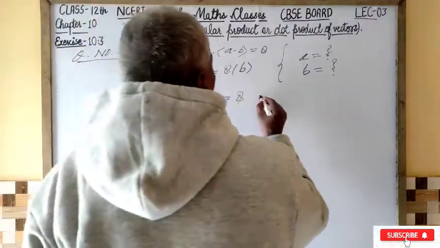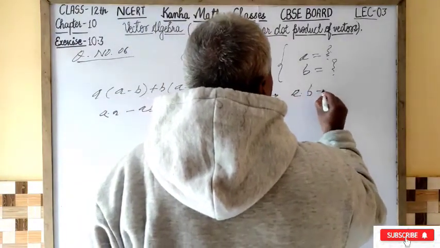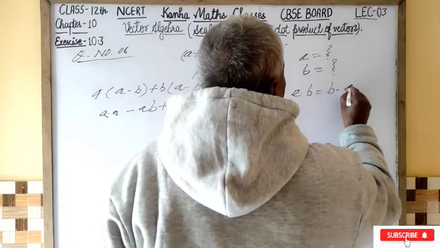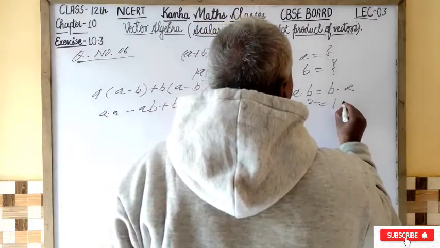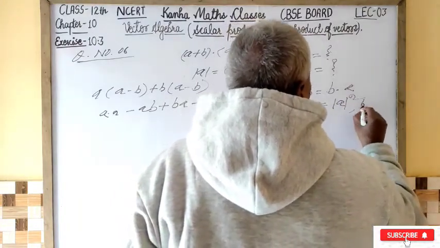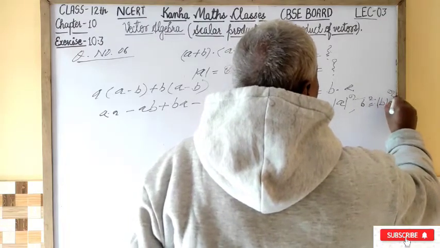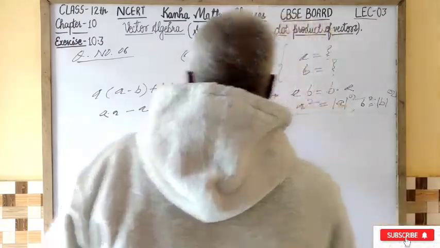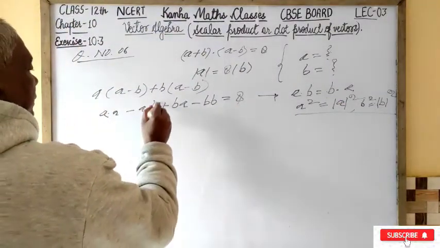You must know that a dot b is equal to b dot a, and a square is equal to mod of a square, and b square is mod of b square. Obviously, this cancels with this.